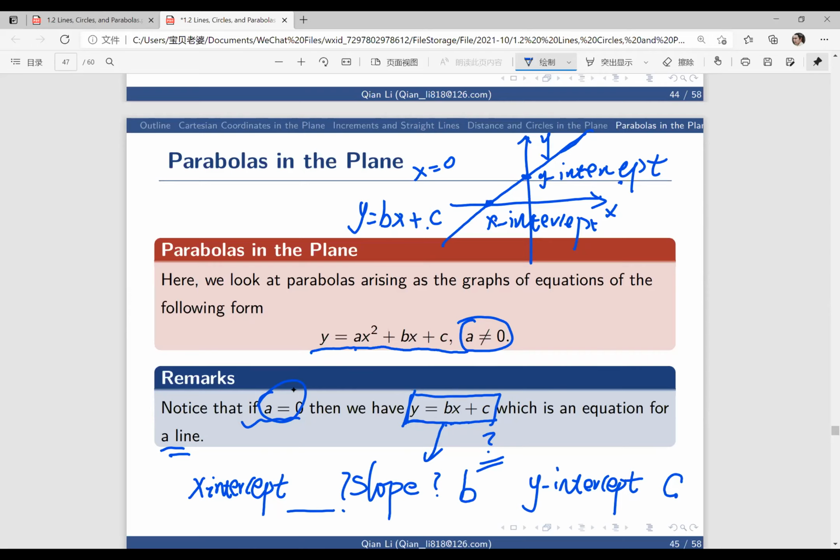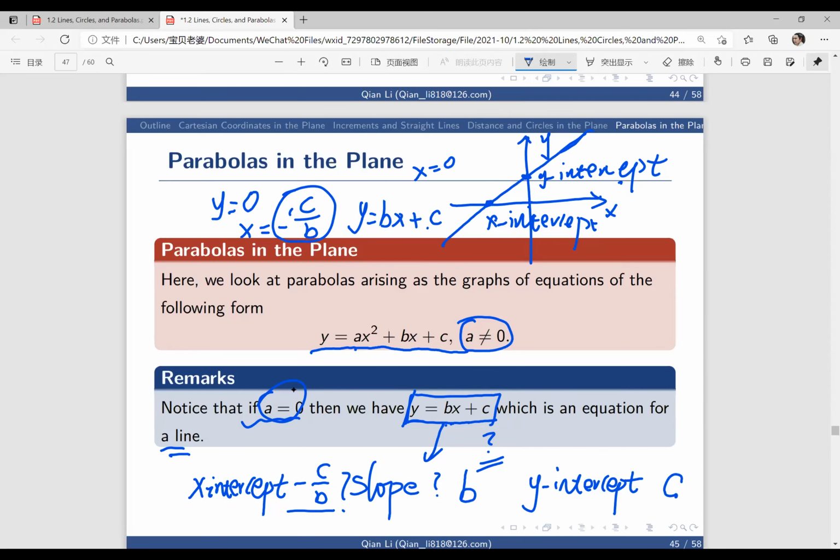The x-intercept means if y is equal to 0, then we can get x is equal to minus c over b, right? So the x-intercept of this line is minus c over b.